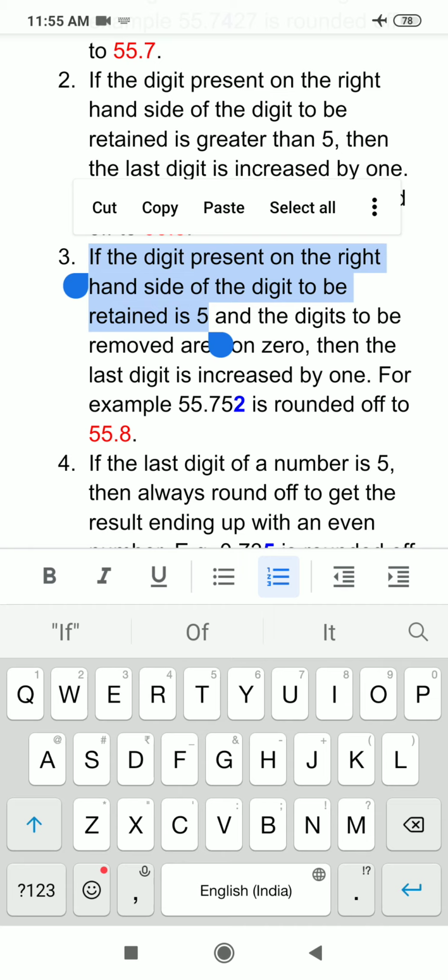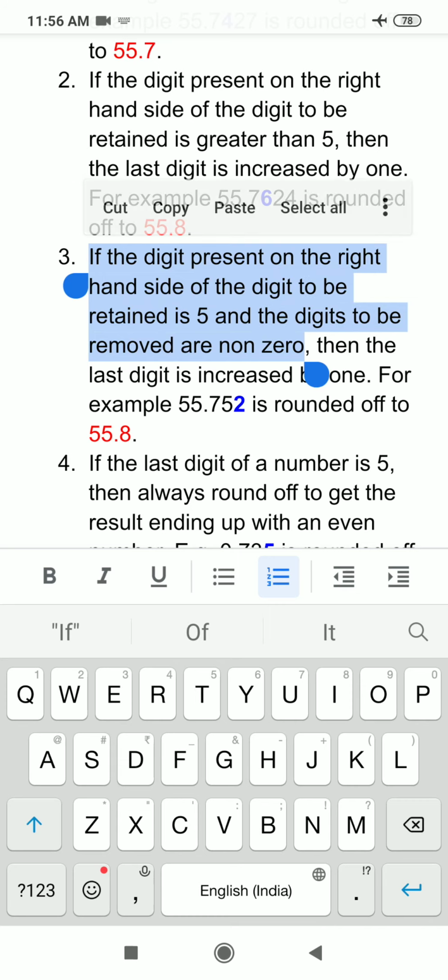There can be two cases here. If the digit on the right hand side of the digit to be retained is 5 and the digits to be removed are non-zero, then the last digit is increased by 1.